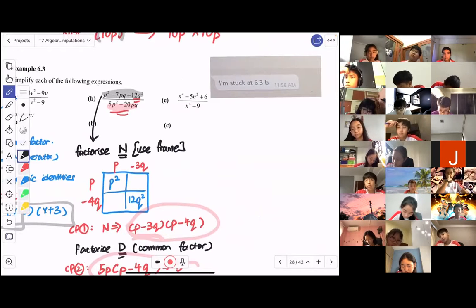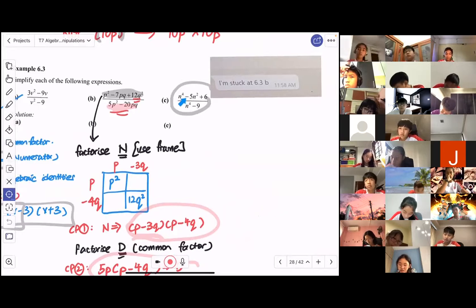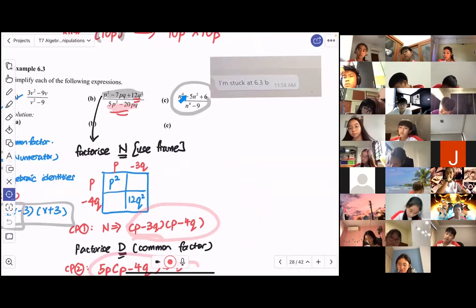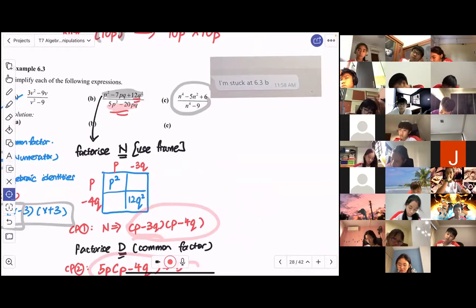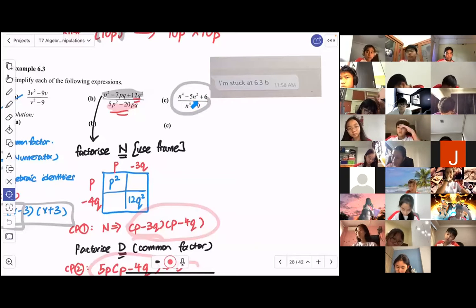6.3c. For this, it looks like it's power 4, so it's a bit scary, okay. So what you do, very simple. You see that there are 3 terms, right? Actually, it is the frame method.